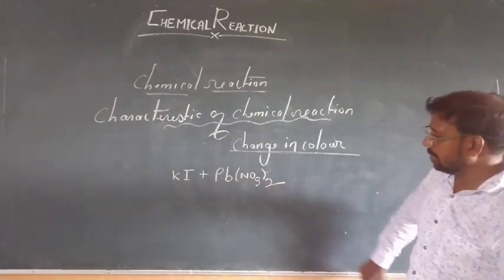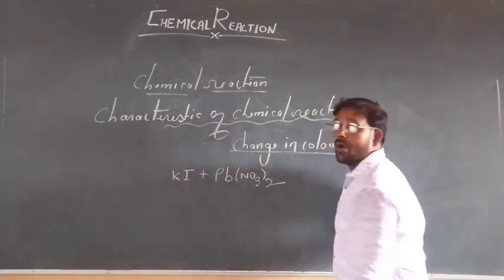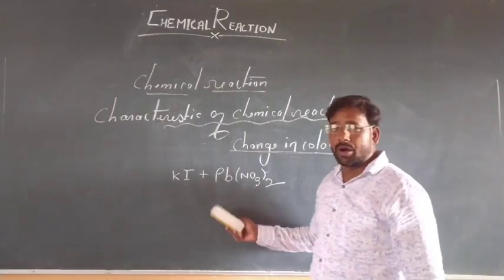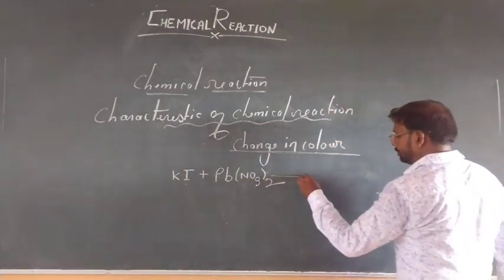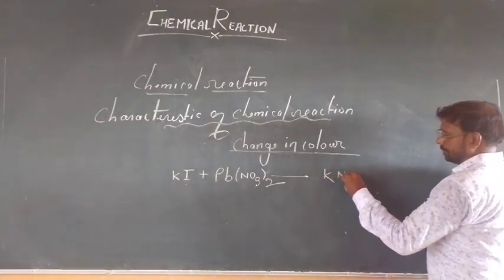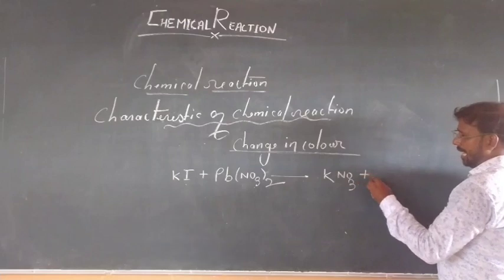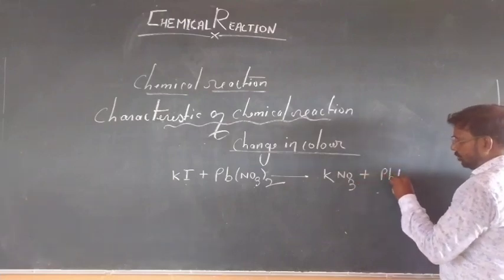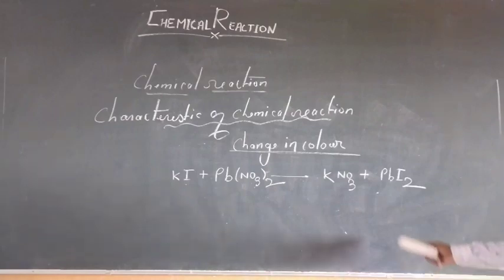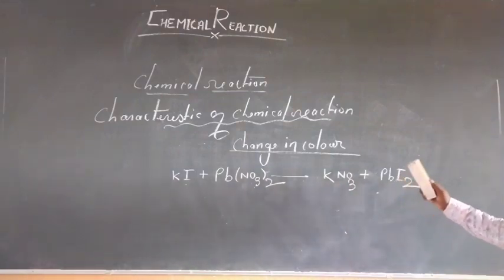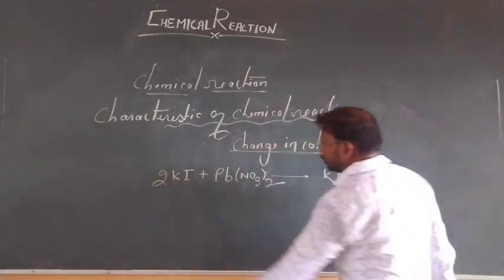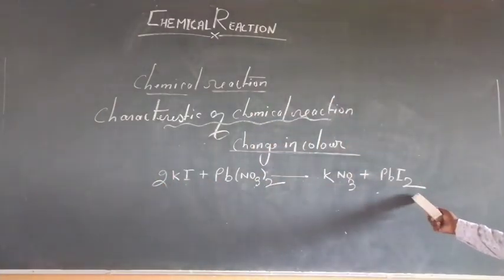What will happen? Both are white in color and both dissolve in water. What will form? KNO3 and PbI2 will form. Balance it. How many iodine are there? 2, here only 1. Just by putting 2, you will get the potassium iodide.